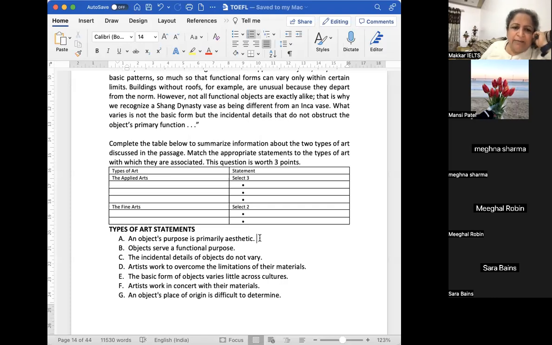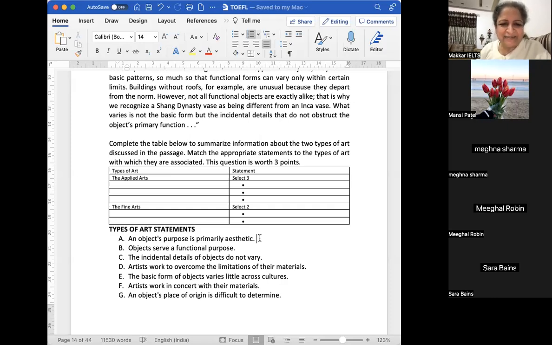Artists work to overcome the limitations of their materials. कौन से आर्टिस्ट हैं जो अपनी limitations of their materials को overcome करने में काम करते हैं? Which are the artists?